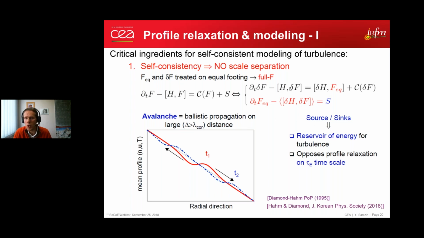The flux-driven approach solves those two coupled equations at once, and then the drive of the fluctuations evolves because the equilibrium distribution function evolves due to the second equation. And actually what we have shown is that this coupling can lead to a new way of transporting the heat or the particles, which is an avalanche-like transport.